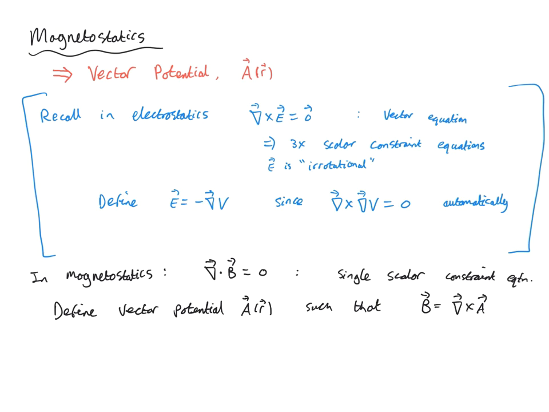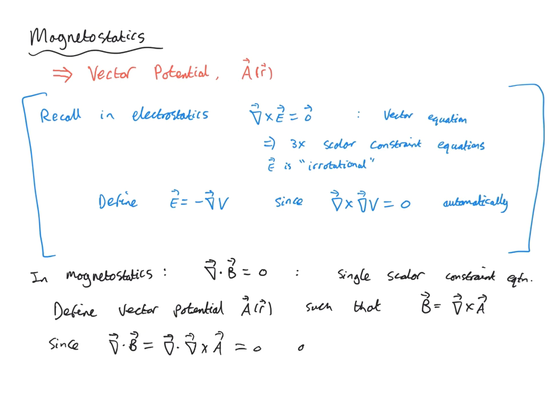And this automatically satisfies the constraint equation, because if we want to take the divergence of the magnetic field, which we know to be equal to 0, that would be equal to the divergence of the curl of the vector potential.